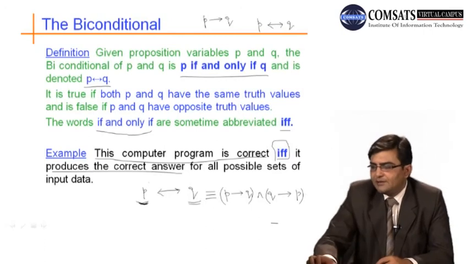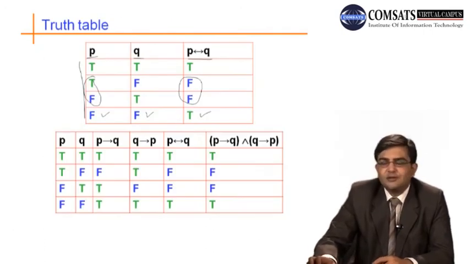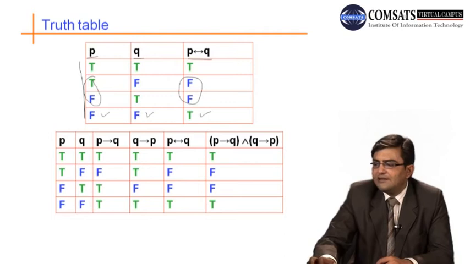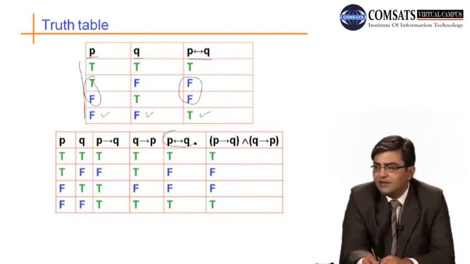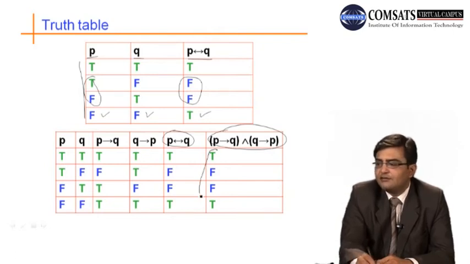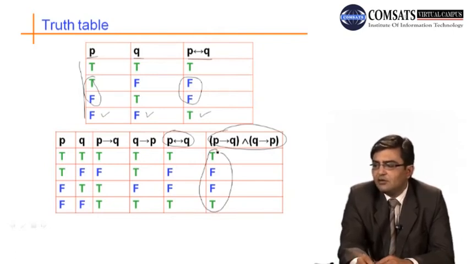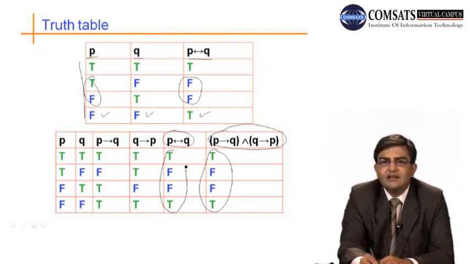By using the truth table, we can see that P biconditional Q is logically equivalent to P implies Q and Q implies P, as the truth values in this column and in this column are exactly the same.